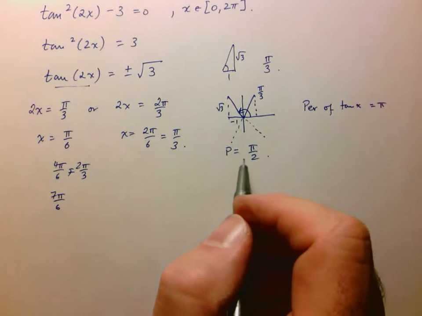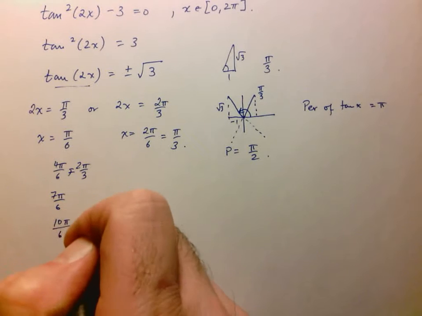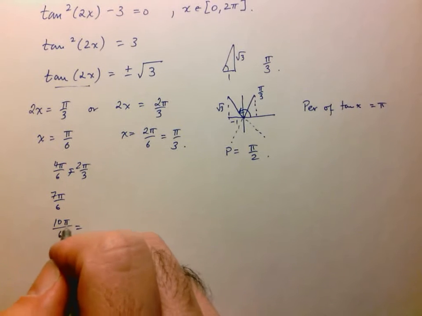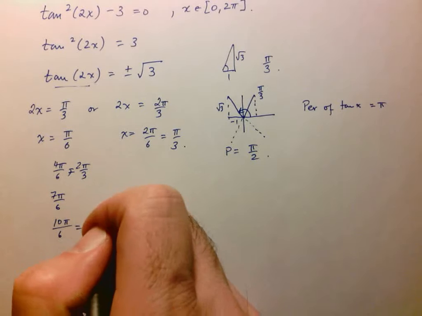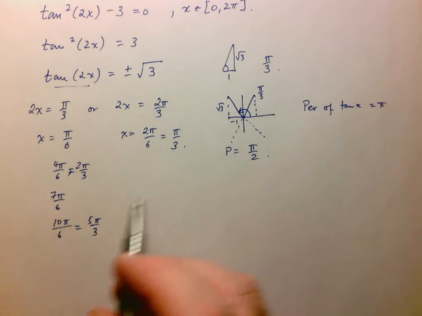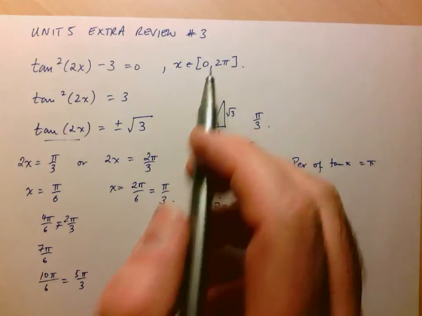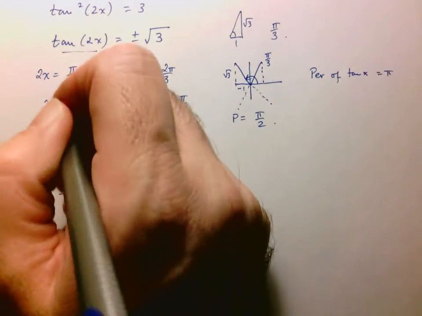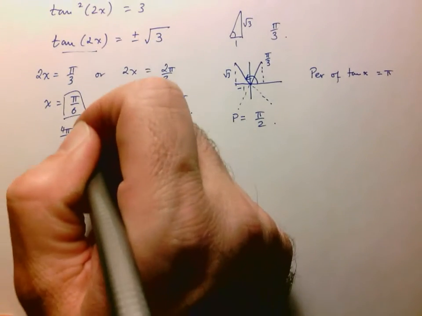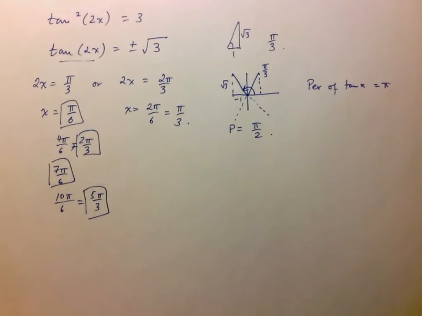Let me add another 3 pi over 6, that's 10 pi over 6, which divided by 2 is 5 pi over 3. Okay, but if I add another 3 pi over 6, 13 pi over 6, that's too large because I only want to go to 2 pi. Okay, so here are my answers. I've got pi over 6, 2 pi over 3, 7 pi over 6, 5 pi over 3.